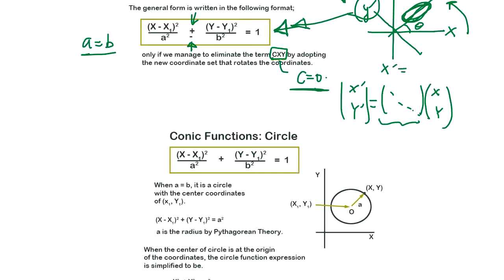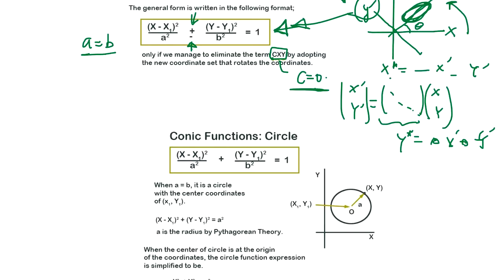Basically, x prime is some combination of x and y, and y prime is something x plus something y. Well, we do it the other way around: x and y are expressed using the new coordinate.